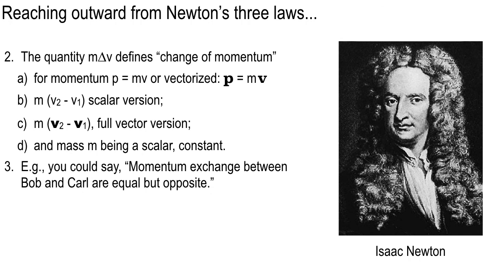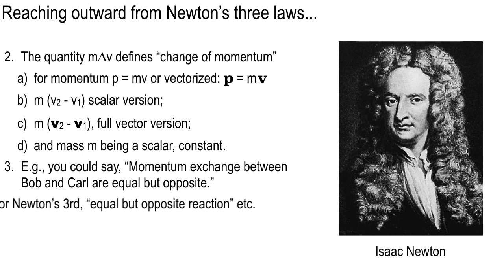Here's one way to describe the interaction. Remember, in Galileo's enterprise, physical science, we're trying to find out the truth about the physical world and to communicate it. One way to do that is by writing sentences. Momentum exchanges between Bob and Carl are equal but opposite.